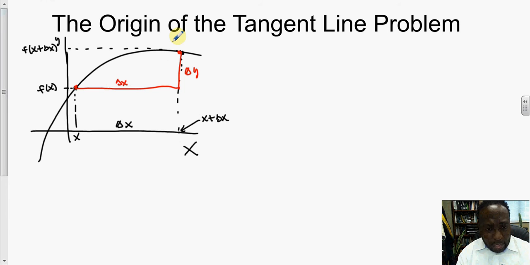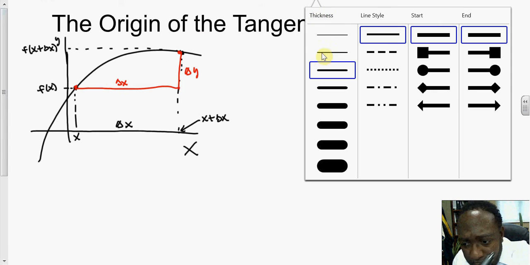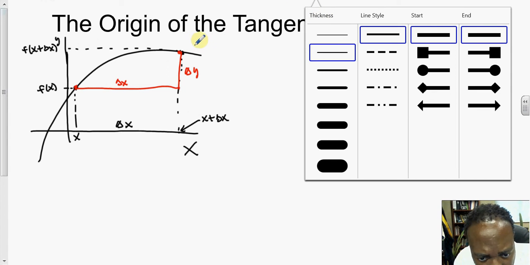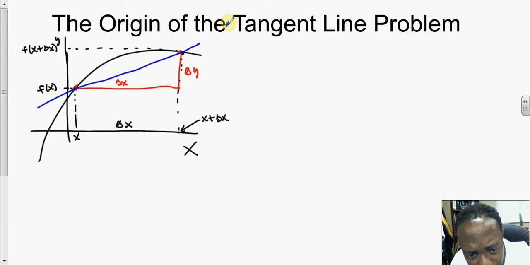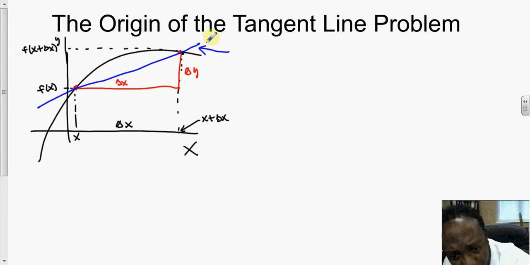A line that crosses a curve at 2 points is said to be a secant line. So we study that and we extract. So this line in blue is called a secant line.